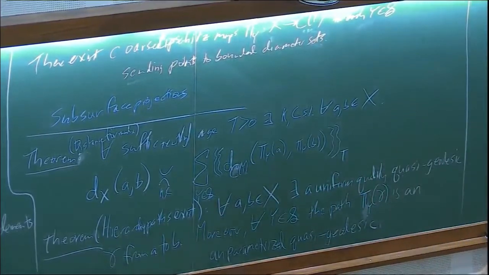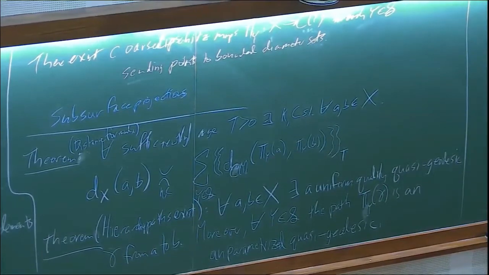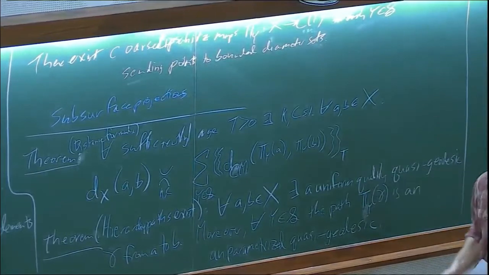Okay, so unparameterized means it may stop for a long time, and we don't control that, but it moves nicely through this delta hyperbolic space.